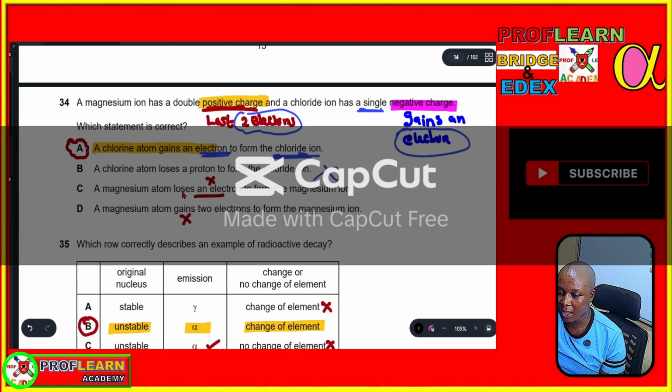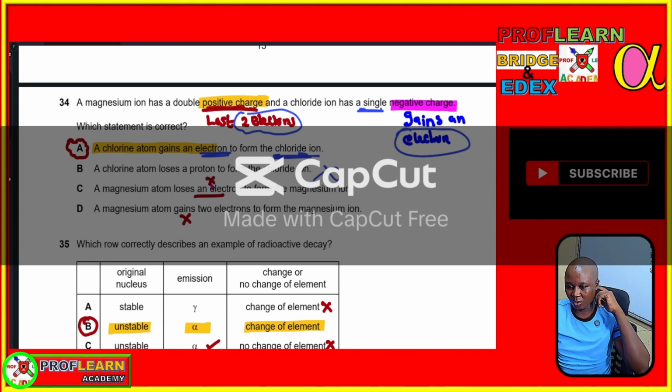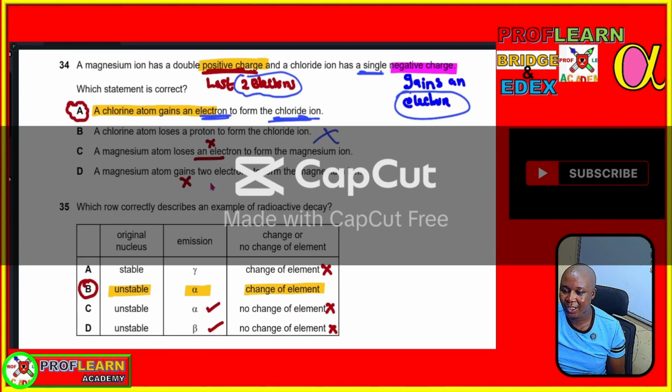Magnesium loses an electron, it's wrong because we are told it has 2 positive charges, so it has to lose 2 electrons. And magnesium atom gains 2 electrons, if it gains, it's going to become negatively charged, and that's not the case. So the correct answer is A.